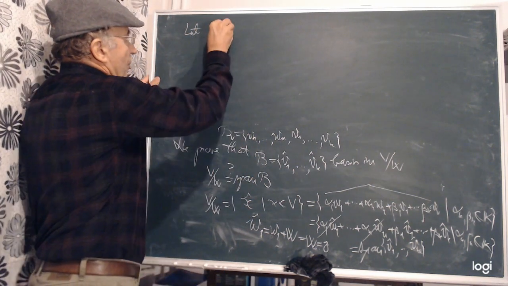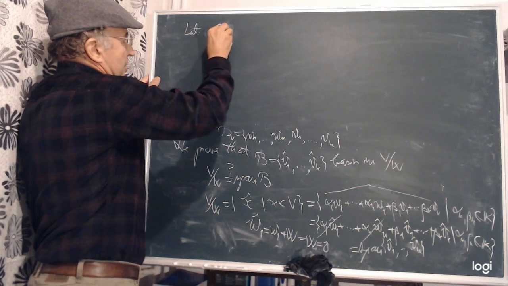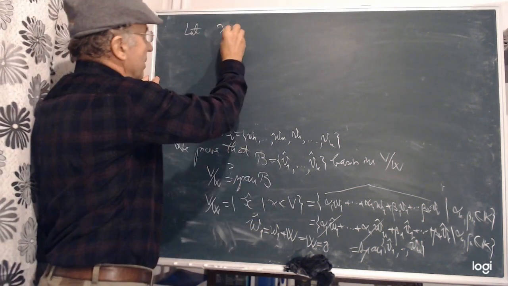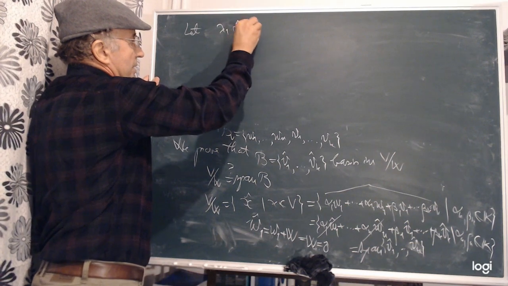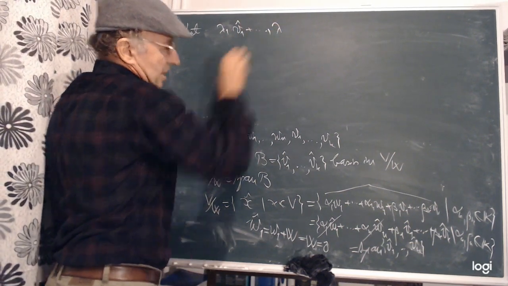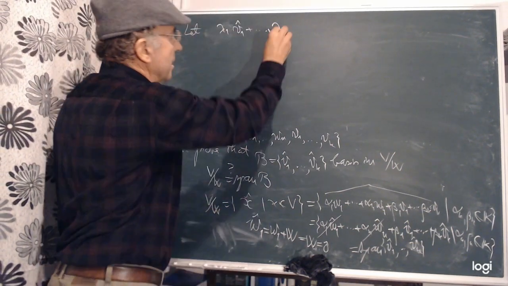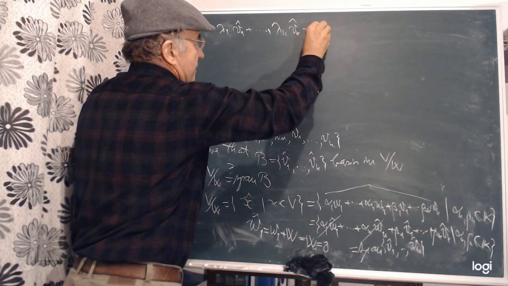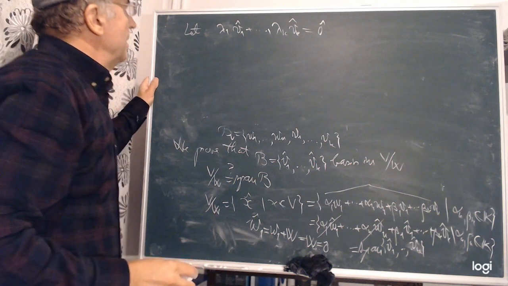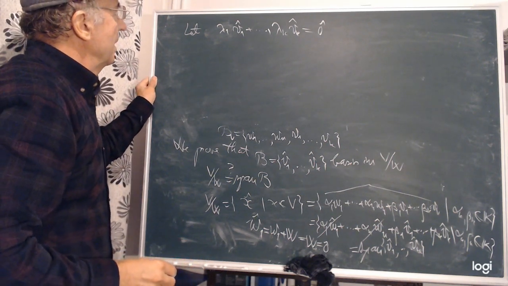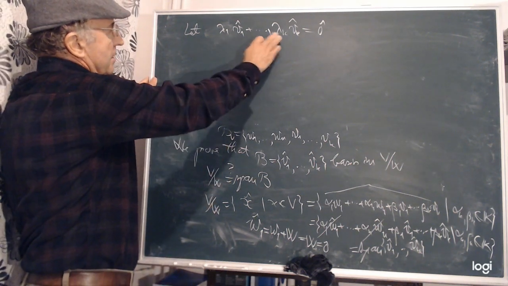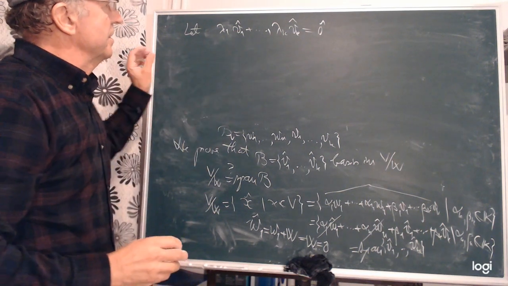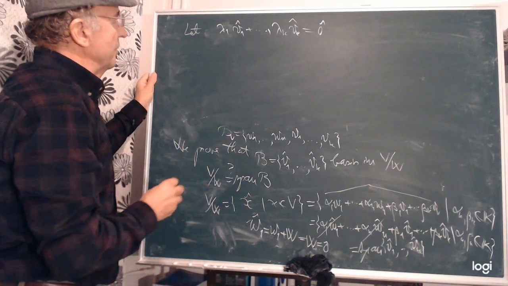Let lambda 1 times the class of V1 plus lambda k times the class of Vk equal the class of 0. We have to prove that the coefficients must be 0.